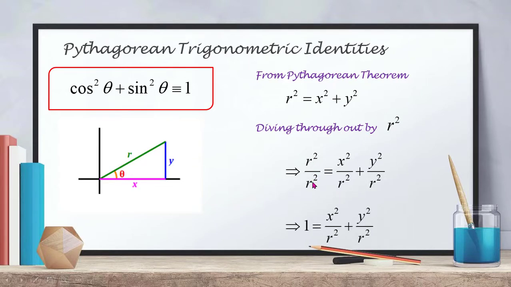Then r squared divided by r squared will give us 1, and x squared divided by r squared will remain as it is. Y squared divided by r squared will also remain as it is. Okay, so we're going to use this to derive our first Pythagorean identity.